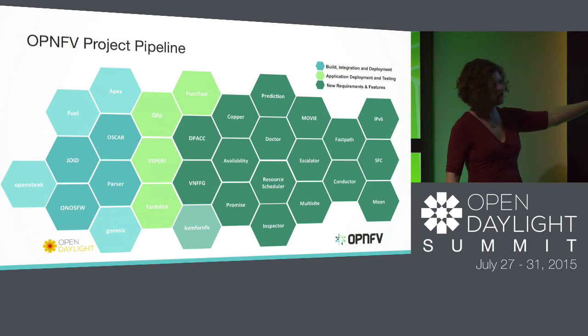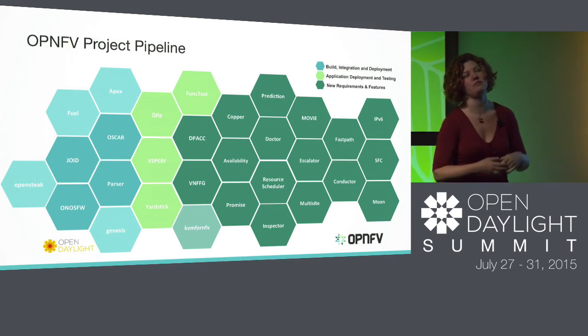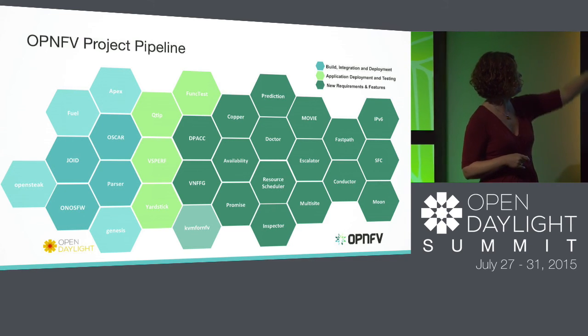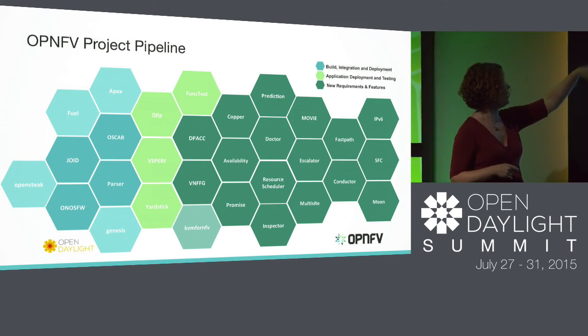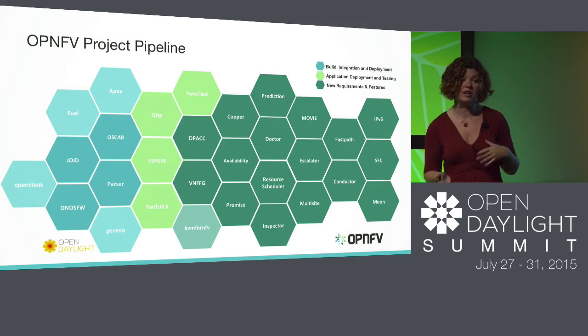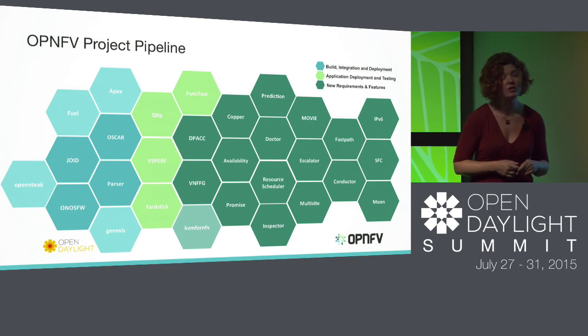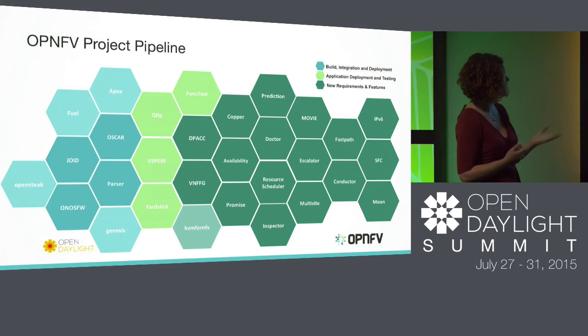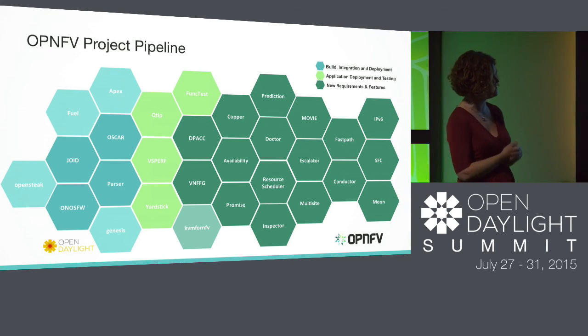We also have Genesis, which is going to sort of coordinate amongst all of our install tools. And then we've got, well, Oscar's actually migrating to something else, but we've got projects around OpenContrail and ONOS as well. And so, you know, we have other SDN controllers, as well as OpenDaylight going forward.